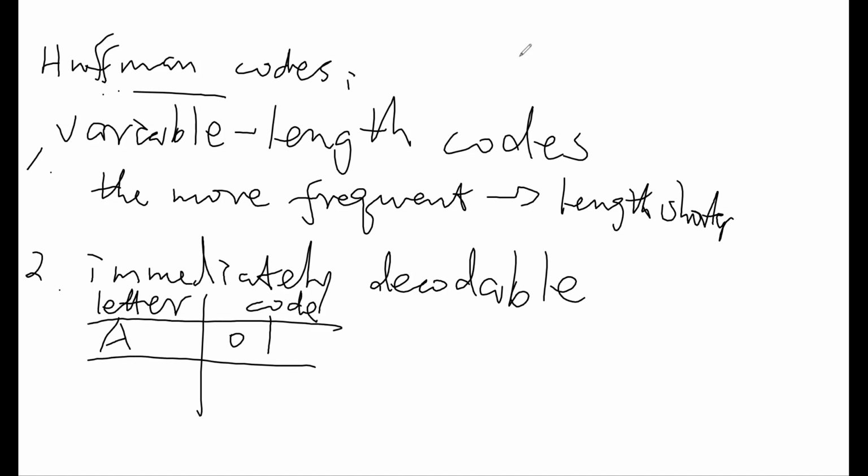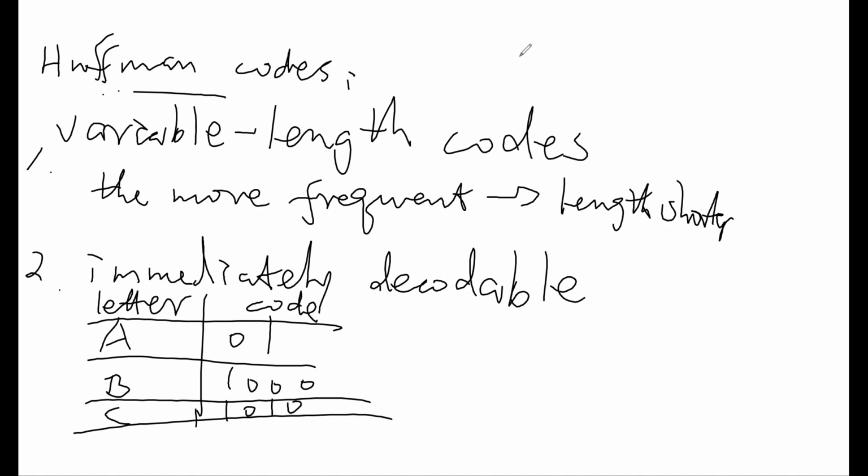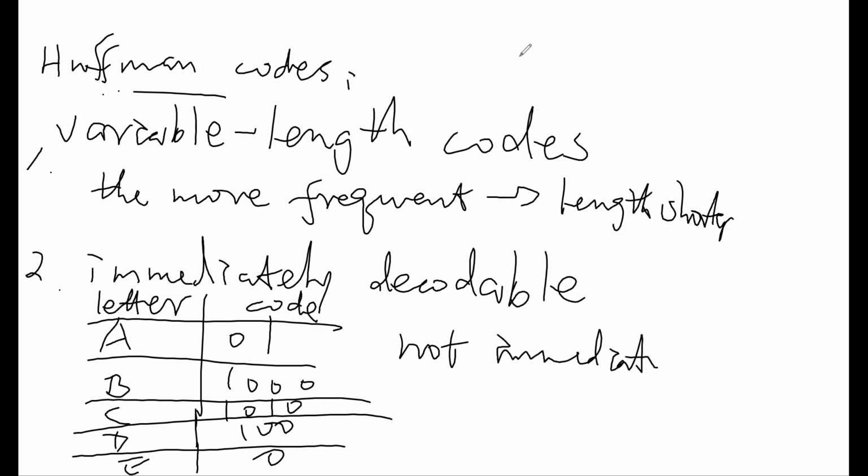Then you assign B as 1000, and C, suppose you assign it as 1010, and D, you assign it as 10. And then E, you assign it as 0, versus what we previously discussed. Then this is not immediately decodable.